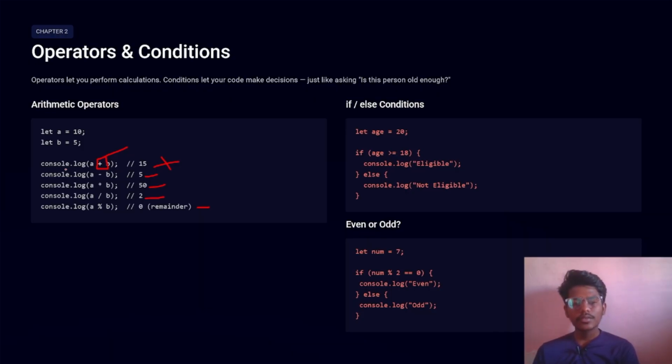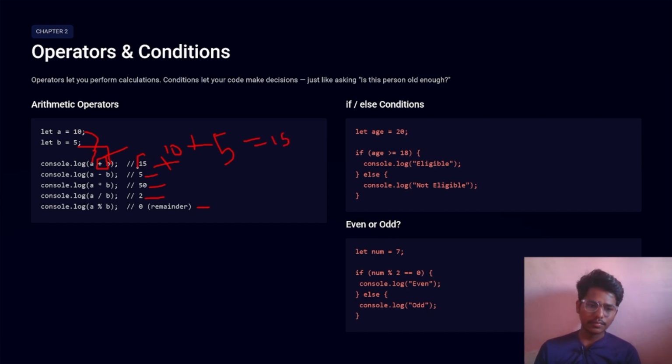In the same way, console.log a plus b. Here the addition operator is used, and the a value is 10 and the b value is 5. 10 plus 5, what will be the answer? It will be 15.